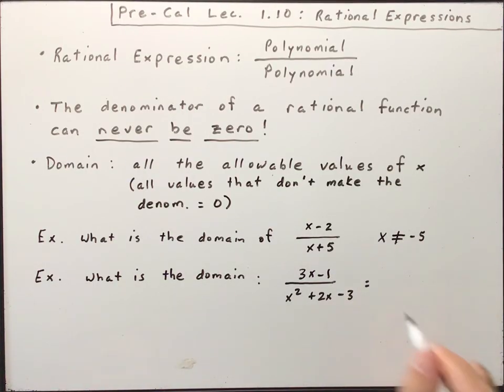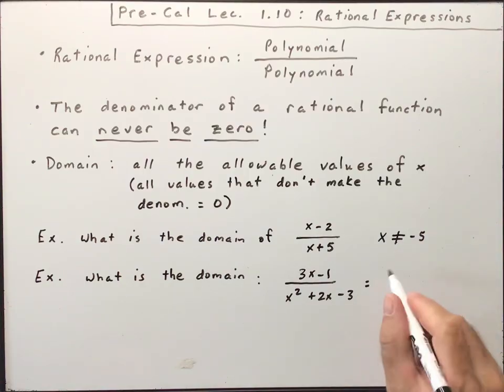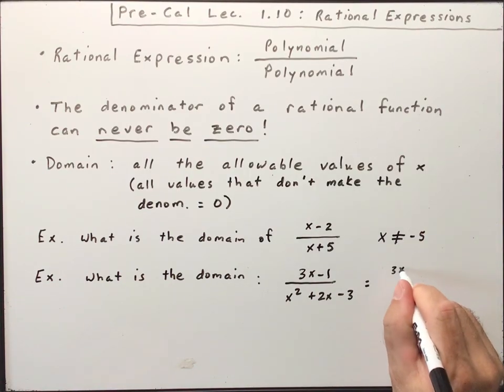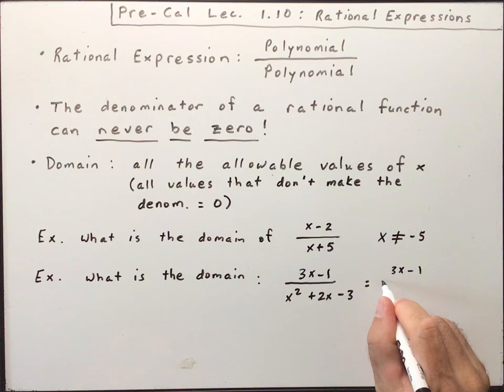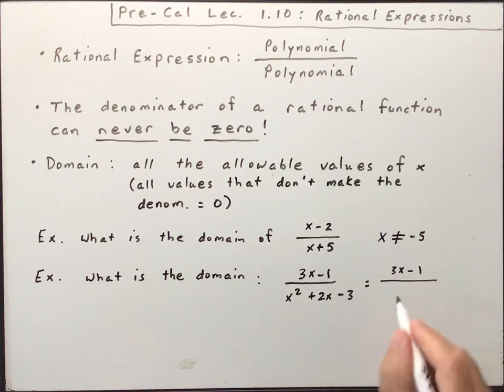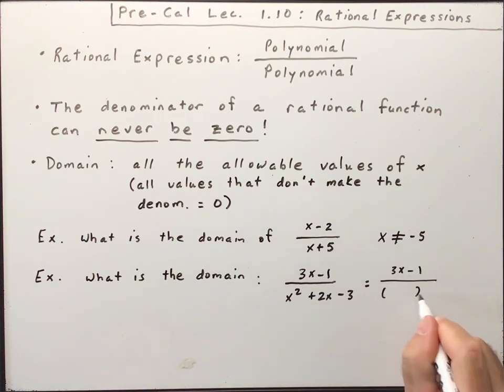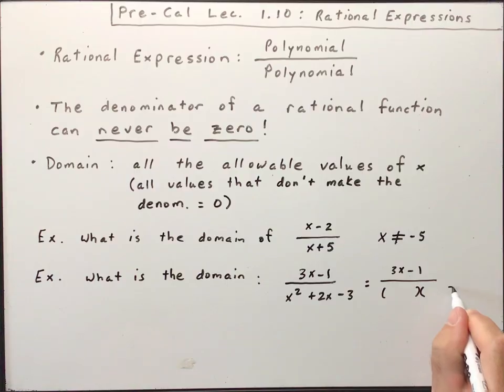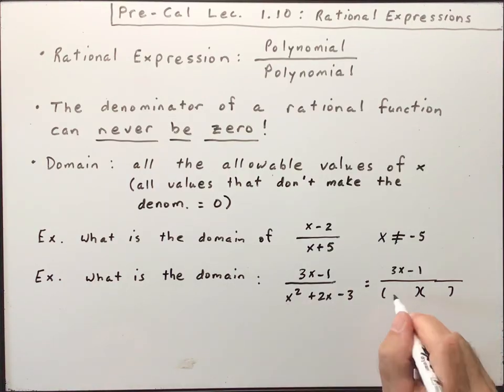Okay, well, what we need to do is figure out what values of x would make this denominator 0. Okay, so we don't really care about the numerator. I'm just going to rewrite the numerator as 3x minus 1, but we could factor, just like we did last section, factor that denominator.